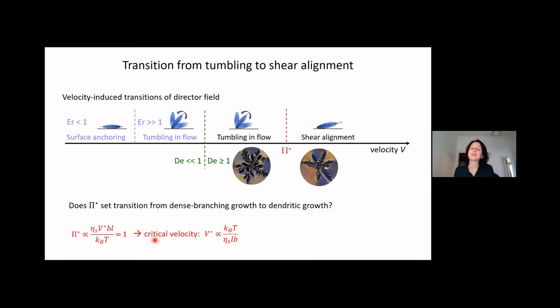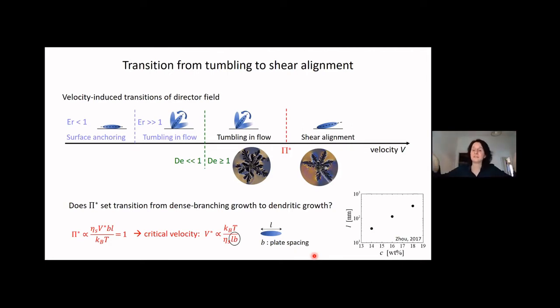To see if this competition indeed governs the transition from dense branching to dendritic growth, we balance the 2 terms, which gives us a critical velocity V star, which depends on 2 parameters that we can control in our experiments: the length of the DSCG aggregates, which we can tune by changing the concentration of DSCG in water, and the plate spacing, which we can tune in the experiment.